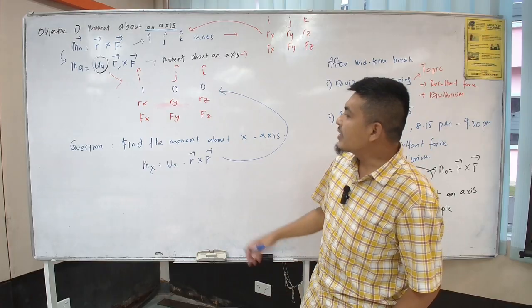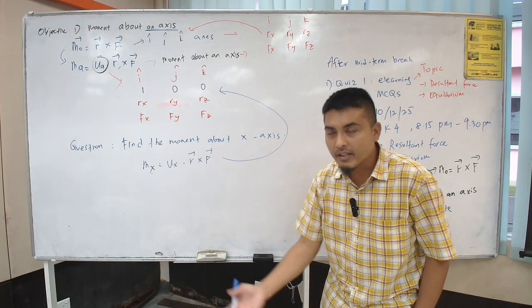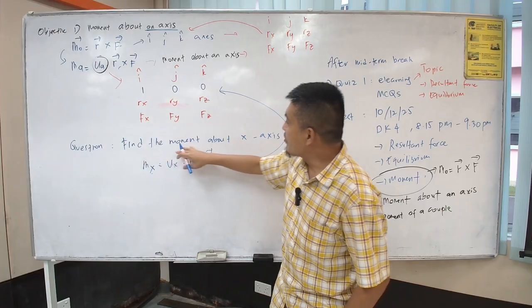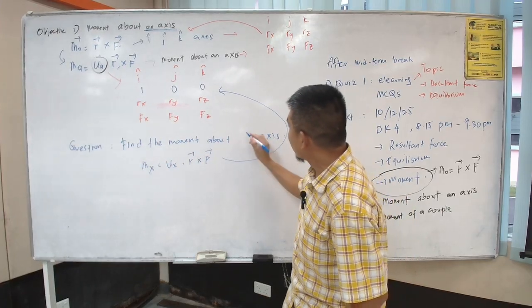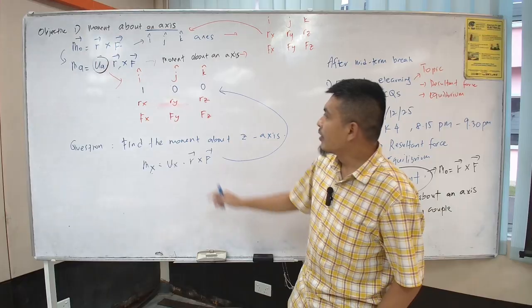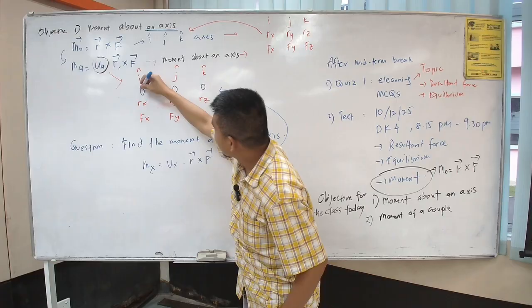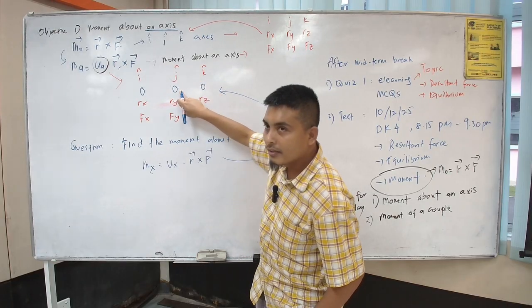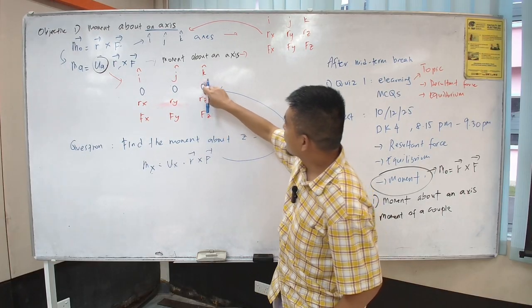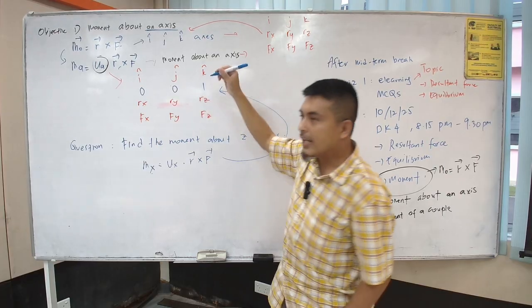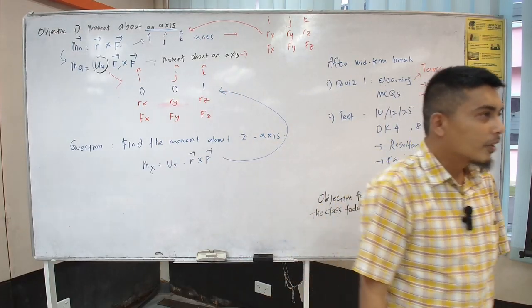So let's say if I have another question, find the moment about z axis. This one will become 0, this one 0, this one 1. Like that. Okay.